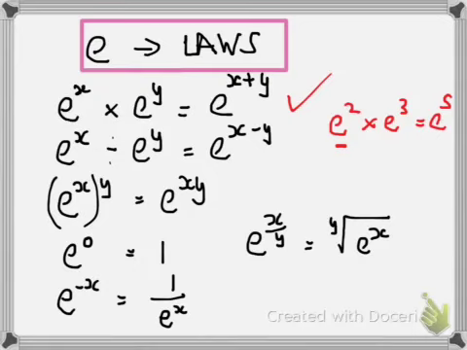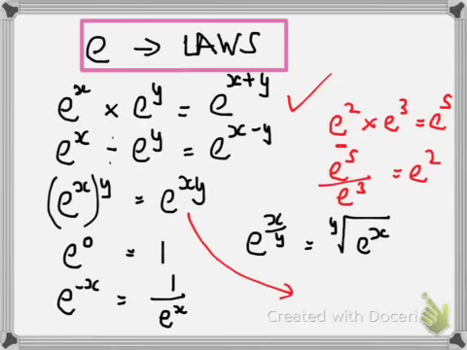e to the power of x divided by e to the power of y is e to the power of x minus y. So if you had e to the power of 5 divided by e to the power of 3, that would be e squared. Same sort of rule as before. e to the power of x, all to the power of y. So if you had e squared raised to the power of 3, that would be e to the power of 6. e to the power of 0 is 1, and we know that anything to the power of 0 is 1.